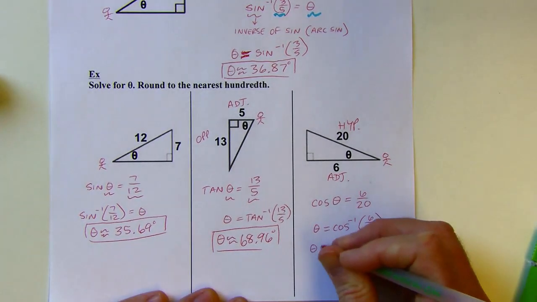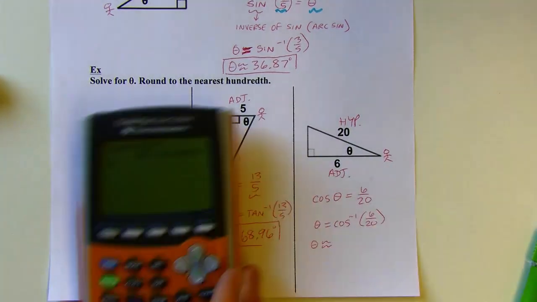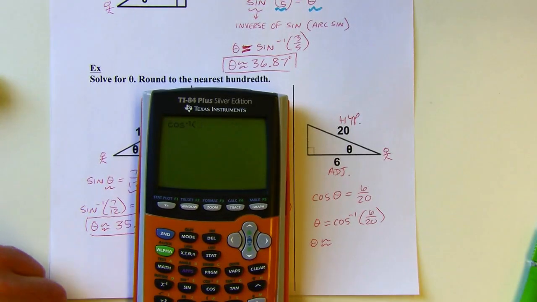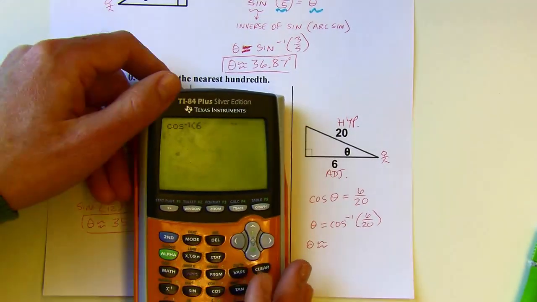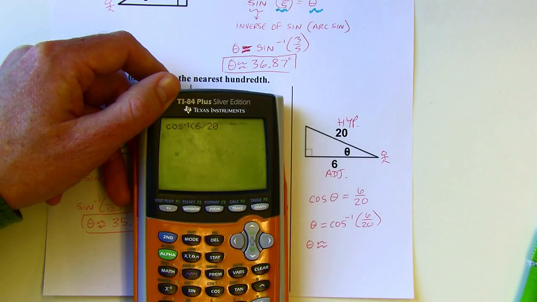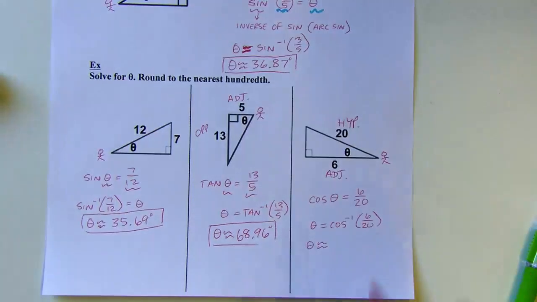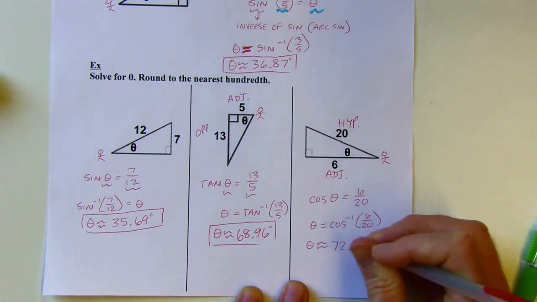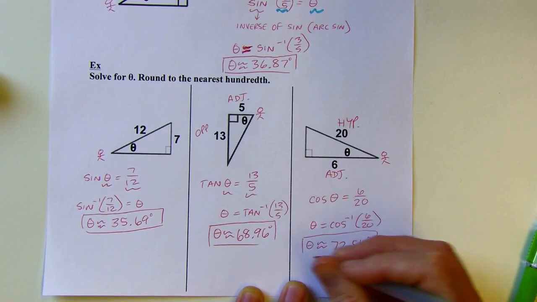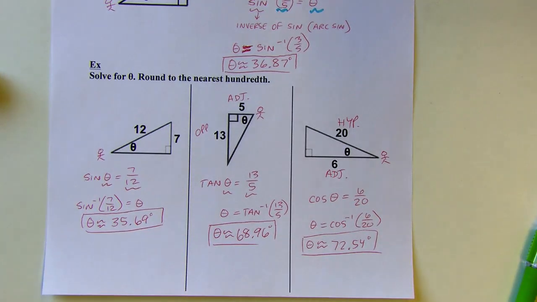My calculator doesn't really care. Inverse cosine of 6/20. Okay. So 72.54 degrees, roughly. Okay, and that is how to use inverse trig functions. You use them to find unknown angles with SOHCAHTOA.